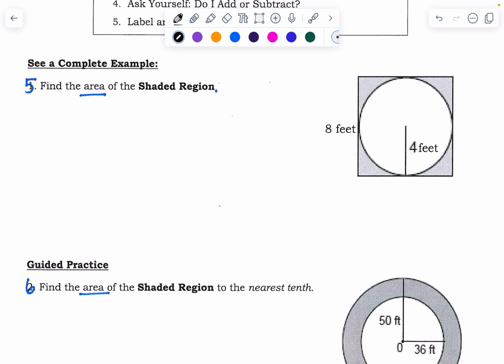All right, I see a square and a circle. So let's write our formulas. And let's identify R. As you can see, R is 4 in the circle.